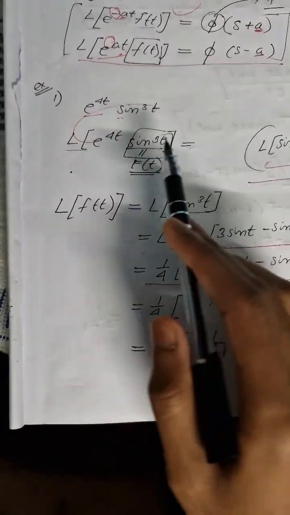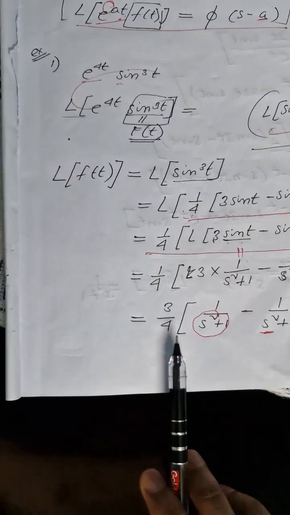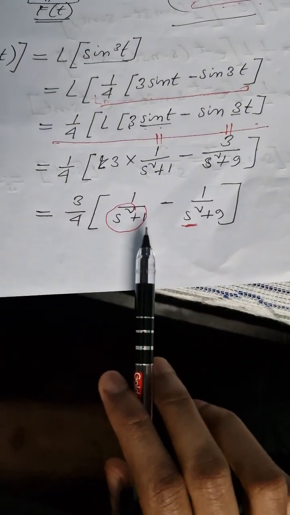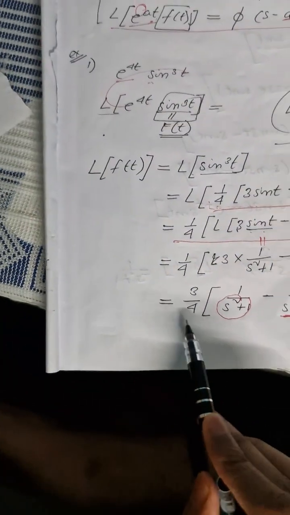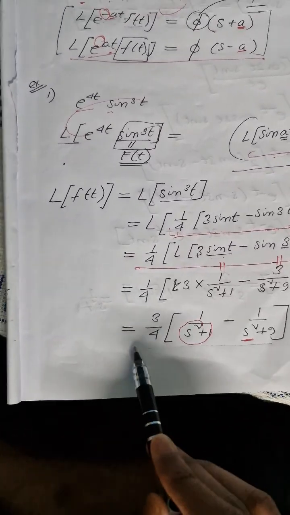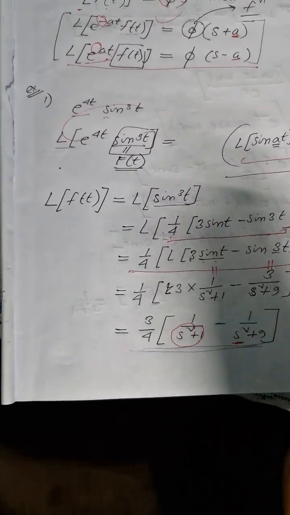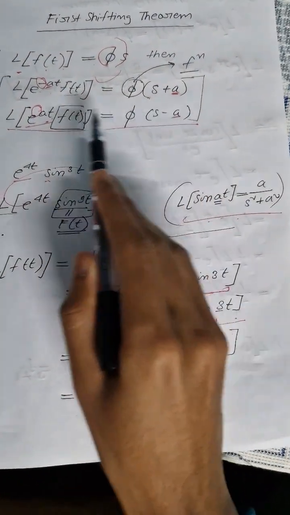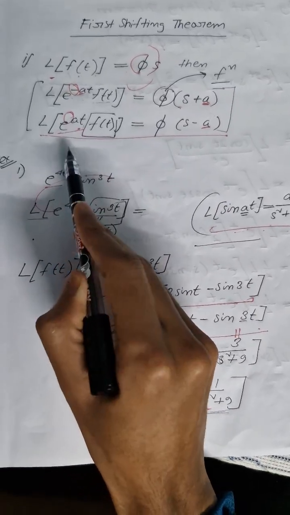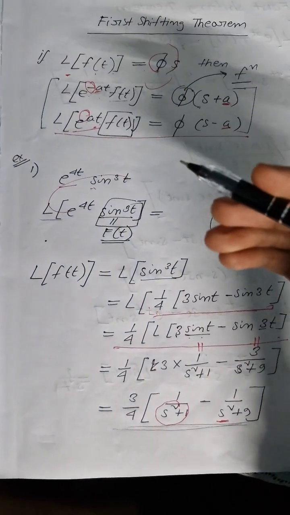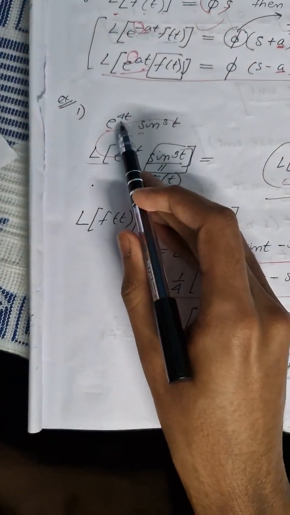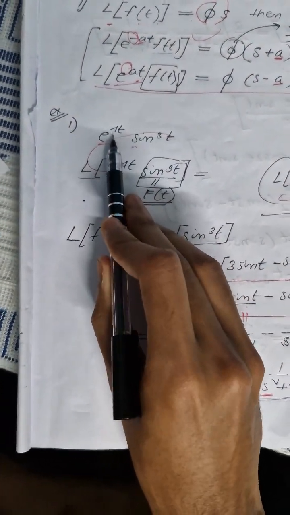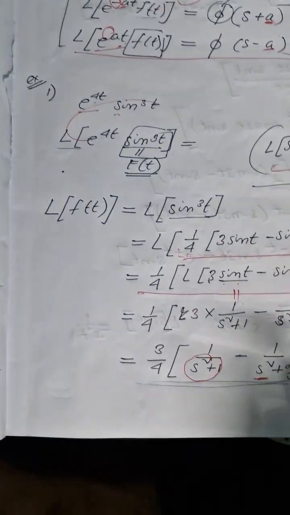acquire the value for sin cube t, which is 3 by 4 times 1 by s square plus 1 minus 1 by s square plus 9. So this is the function here, this is the phi. In this phi we have to put the value s minus a. The a is the constant term with the power. Here the constant term with the power is 4. So let's see what happens now.